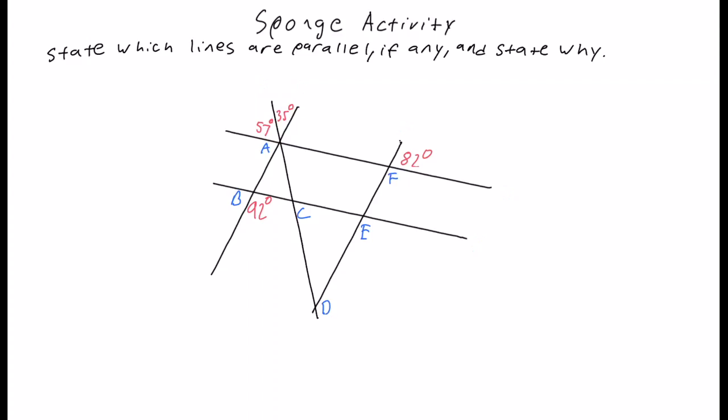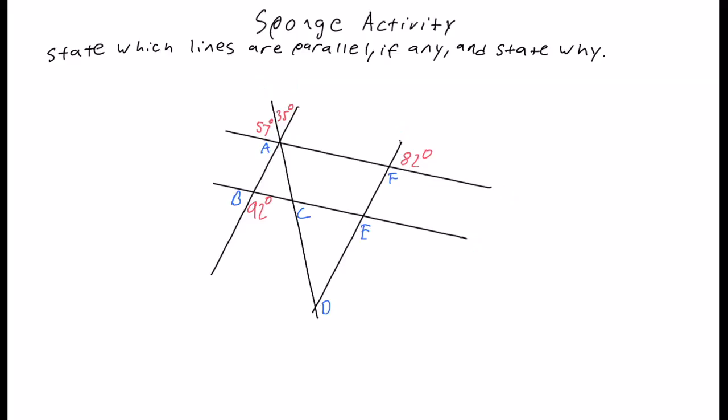So to answer this question, the only two lines that are parallel are DF and GH. Alright, now time for the sponge activity. I have a bunch of lines here, and I want you to state which lines are parallel, if any, and state why. So we've got line AB, line AC, line EF, line AF, and line BE.